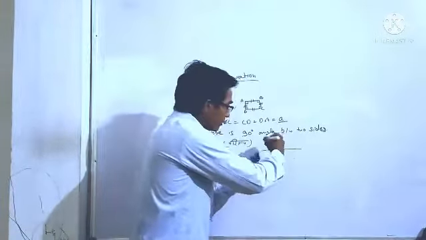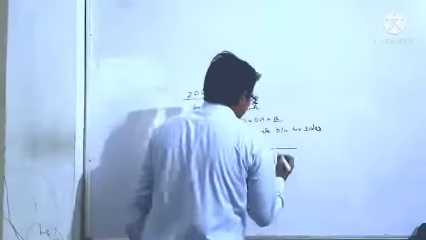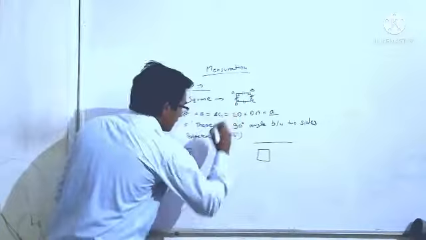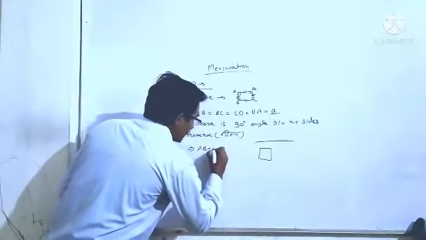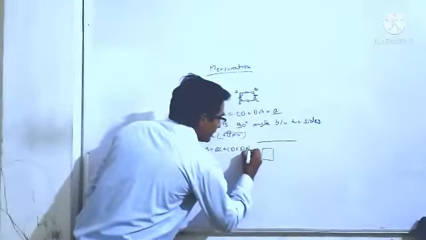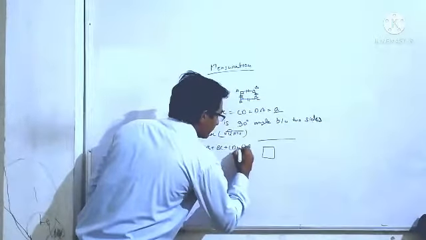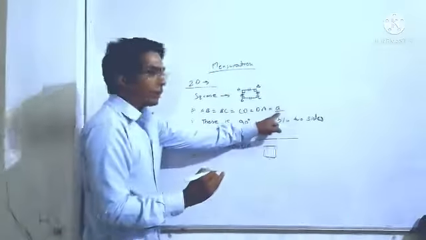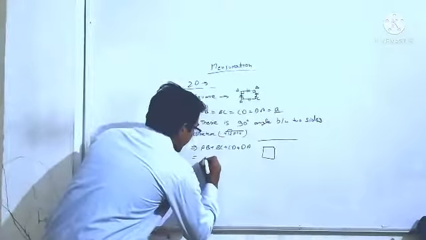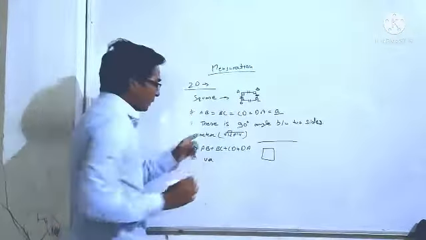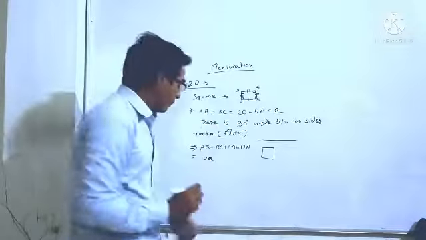So the perimeter will be AB plus BC plus CD plus DA, and AB, BC, CD and DA are all equal to A. It means it has 4A. So the perimeter will be 4A.